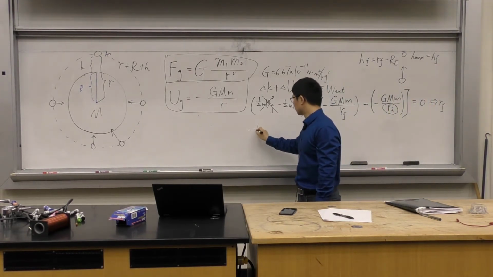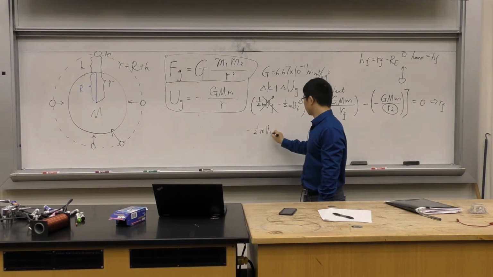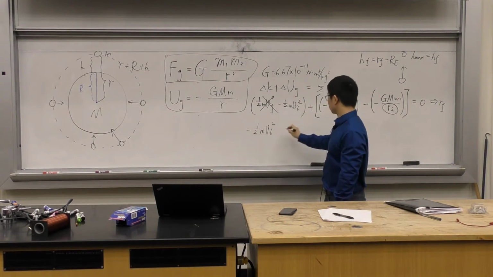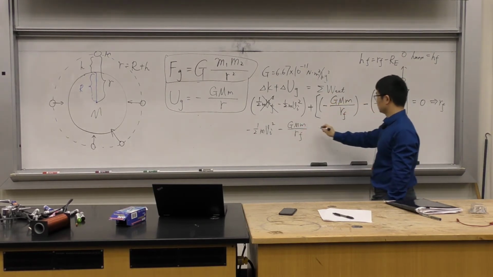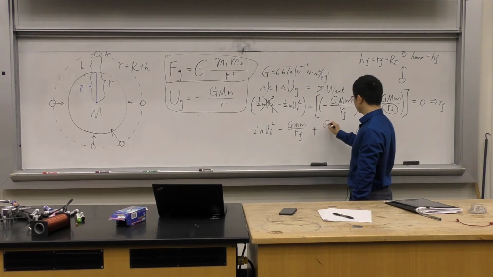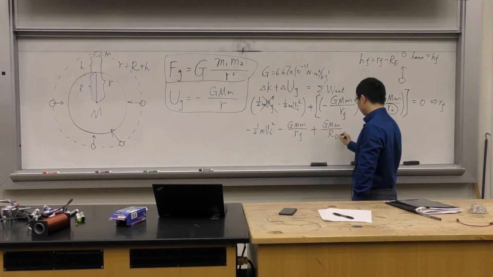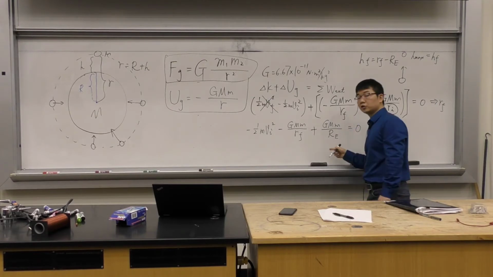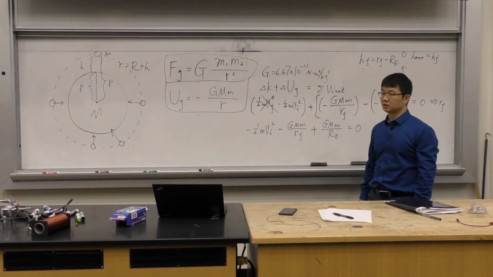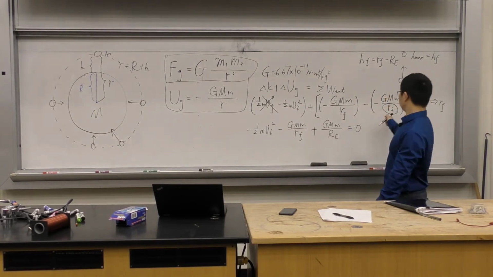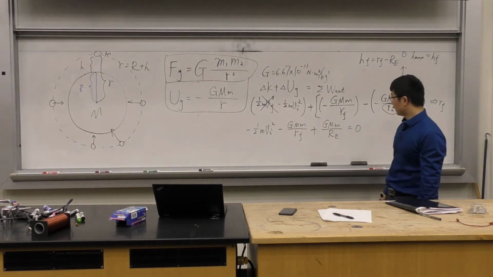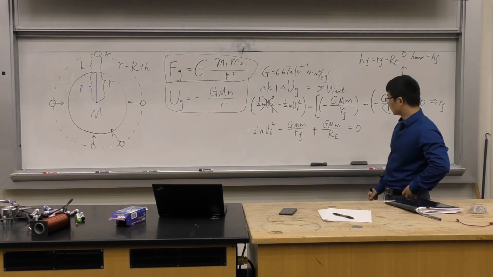So I would have these two, and then this is a negative sign. There is a negative sign. Now this guy becomes positive, right? Because there are two negative signs, G, M, little m. This is going to be the radius of the Earth, because the initial distance from the center is the radius of the Earth. It's not a 0. The height is 0, but this is not the initial height. Okay. Now you see that.